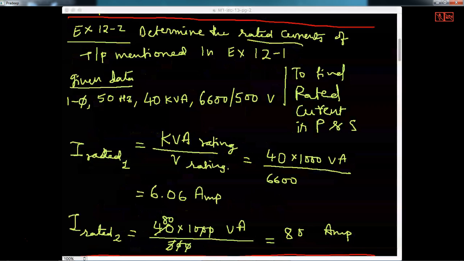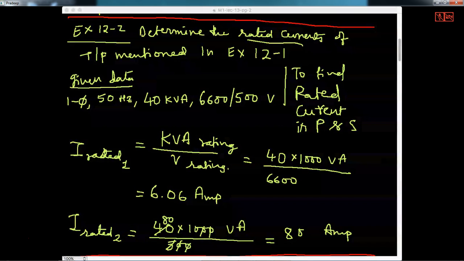How to find the rated current? You take the kVA rating and divide by the voltage rating. So 40 kVA, that is 40 times 1000 VA, divided by the voltage. I get 6.06 amperes as the rated current in the primary, whereas the rated current in the secondary is 80 amperes because the voltage is only 500 volts. So this is a very straightforward calculation.